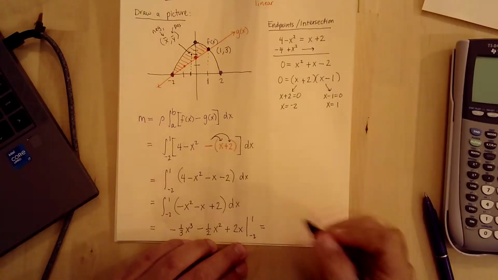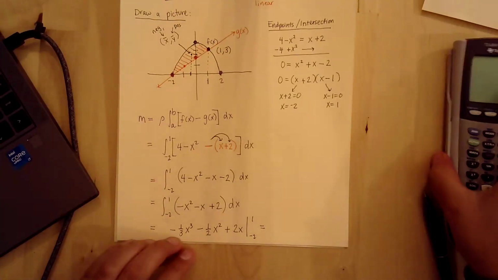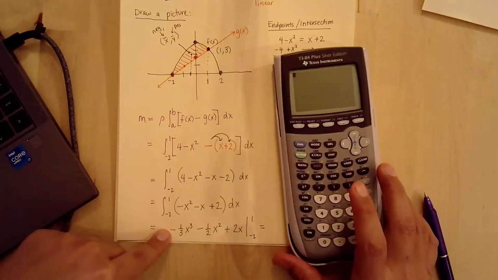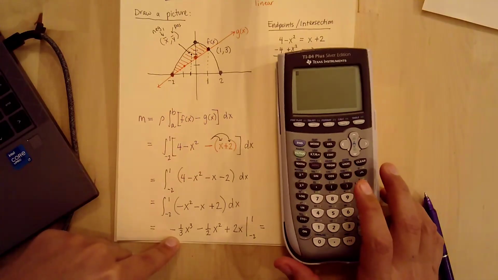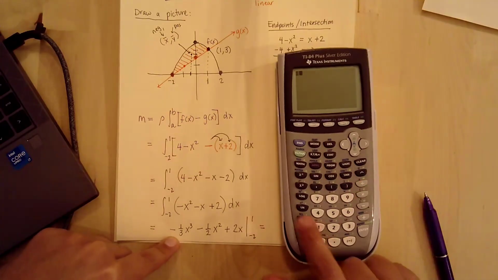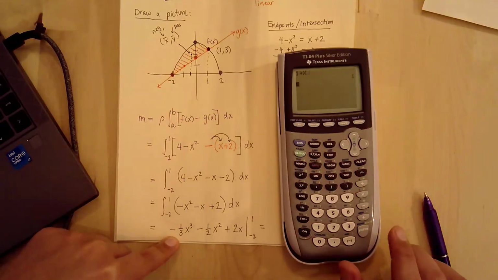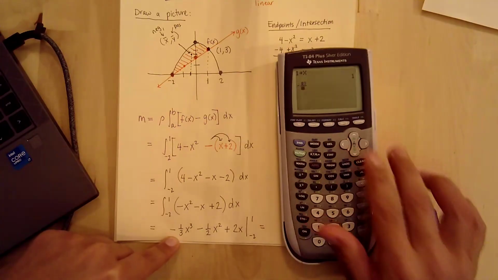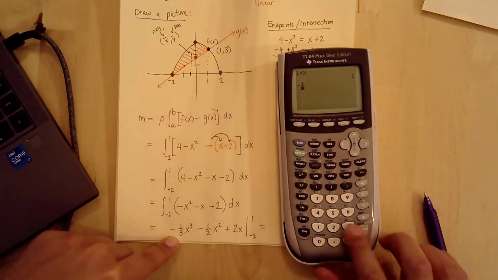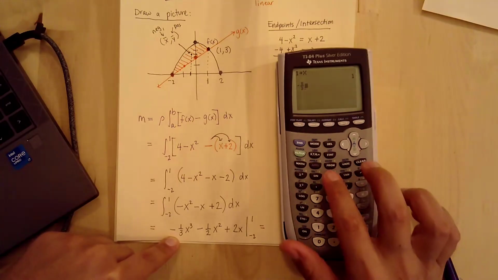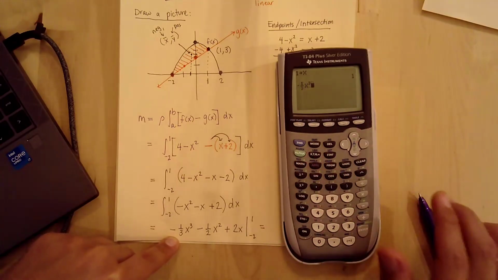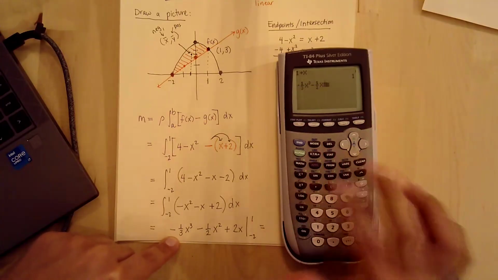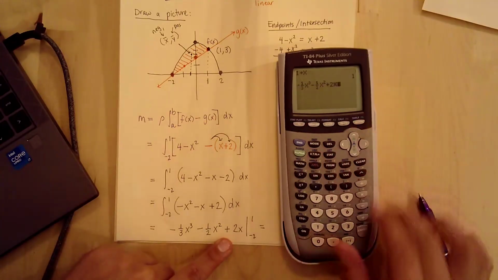So because we have that calculator trick now, let's go ahead and finish this problem up. What I need is to store 1 as x, and then I can type in this function. Negative alpha 1 alpha y equals gets us that fraction, -1/3 x to the third minus 1/2 x squared plus 2x.